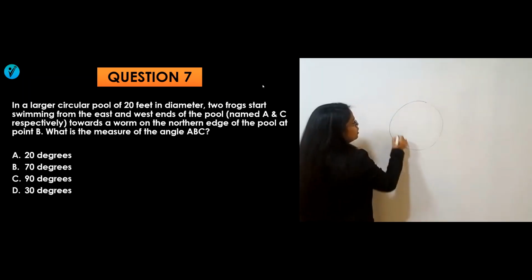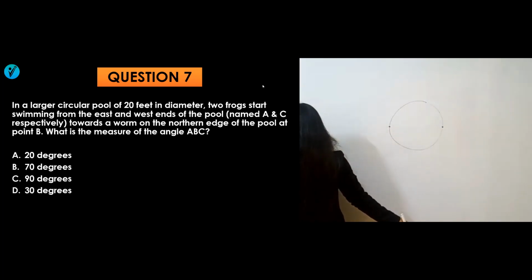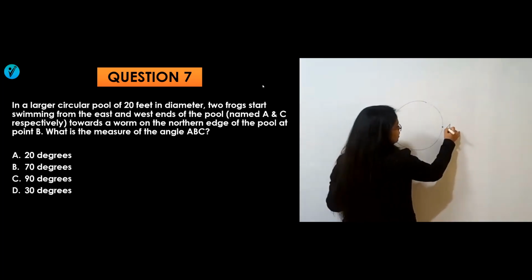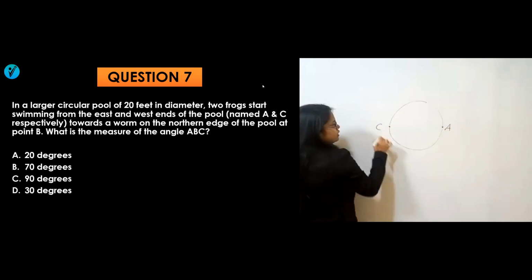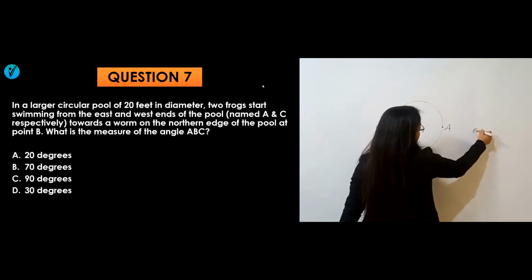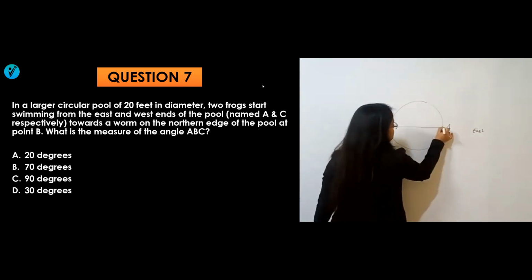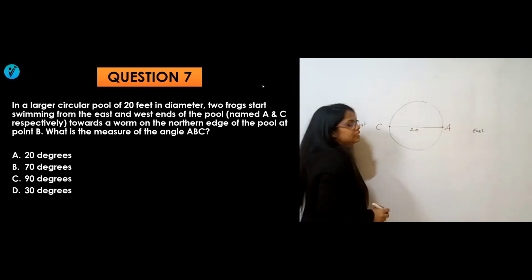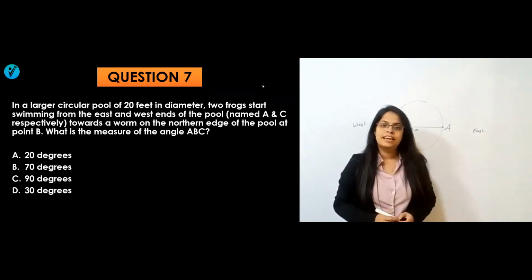Suppose this is the pool, where A is the east and C is the west, and this is the diameter. The diameter is 20 feet.